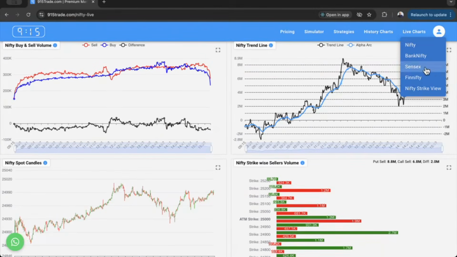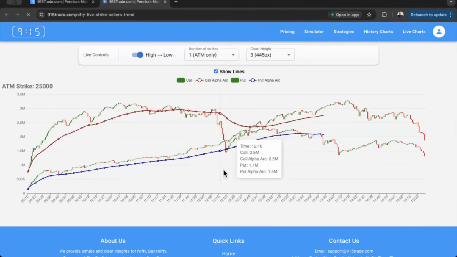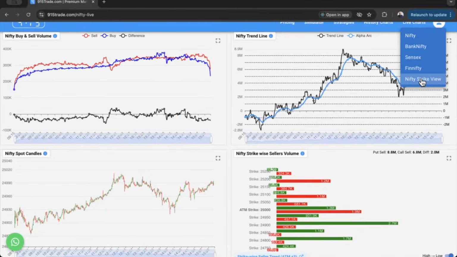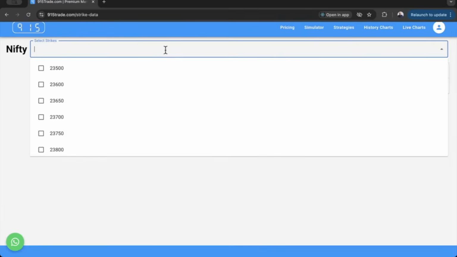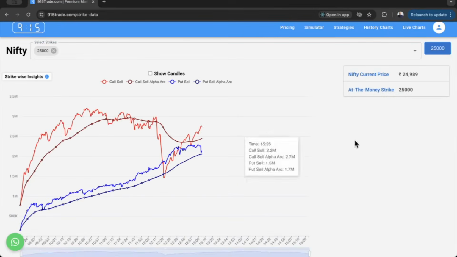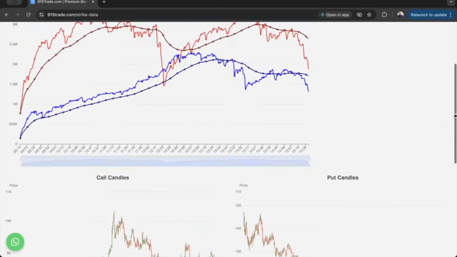Instead, we recommend you click on this and analyze the same thing here. Or we have given you a separate option, strike wise view, where you can analyze it, 25,000. You can just add the strikes, and when you click on the button, this will refresh automatically. And even here you will have the price.